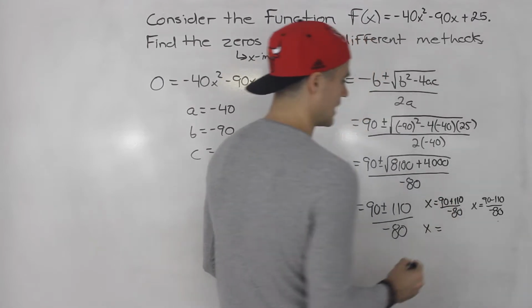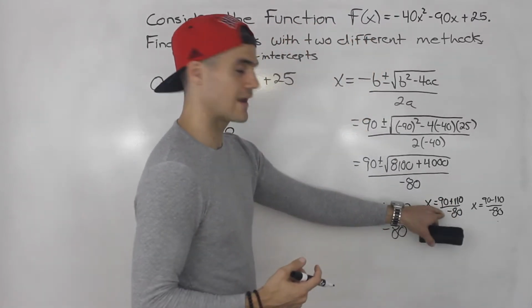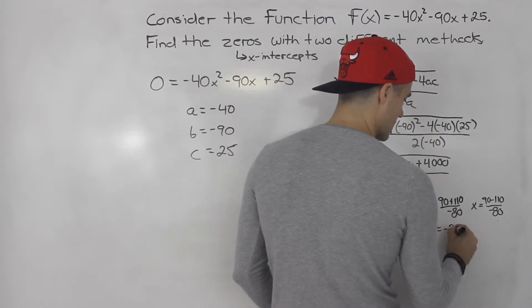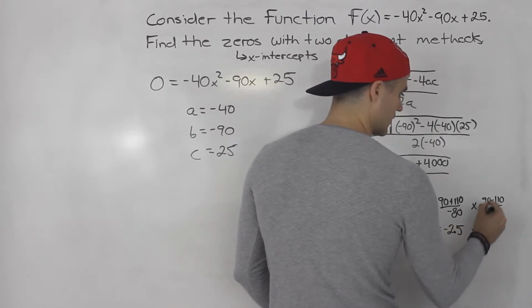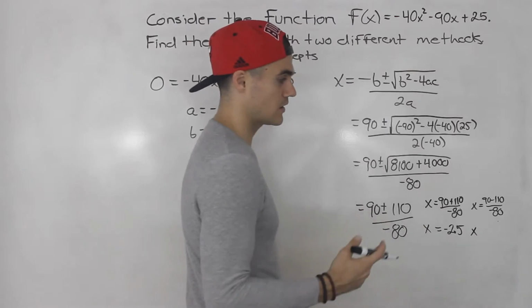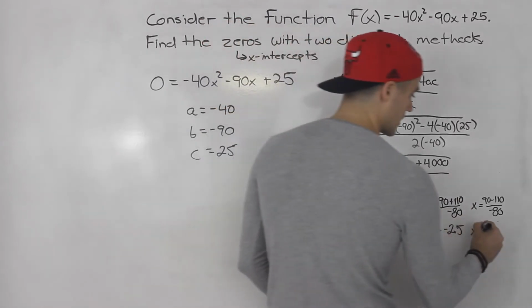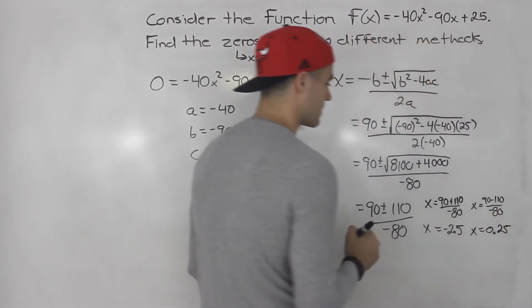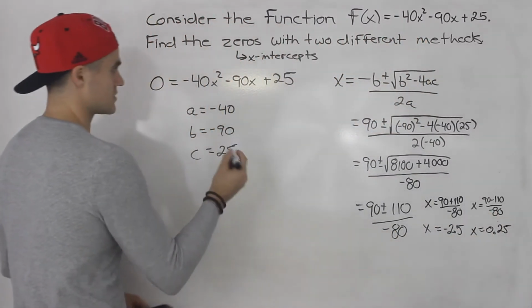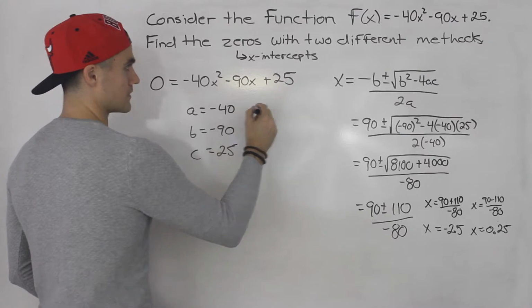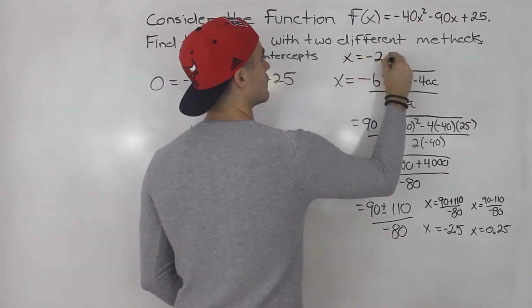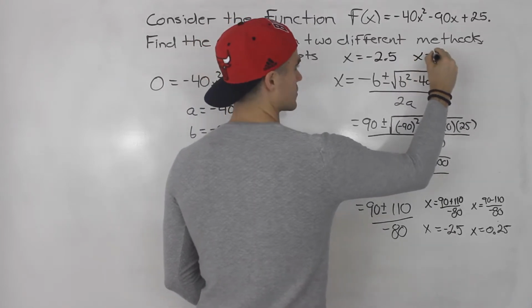So this here, 90 plus 110 is 200, divided by negative 80, that is negative 2.5. And then here, 90 minus 110 is negative 20. Negative 20 divided by negative 80 is positive 0.25. So the two answers we got are x equals negative 2.5 and x equals 0.25.